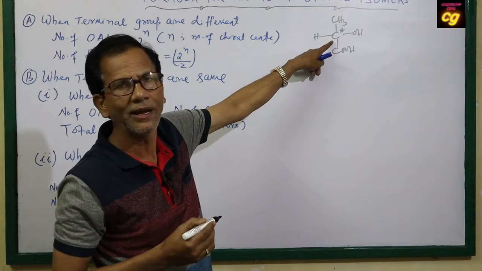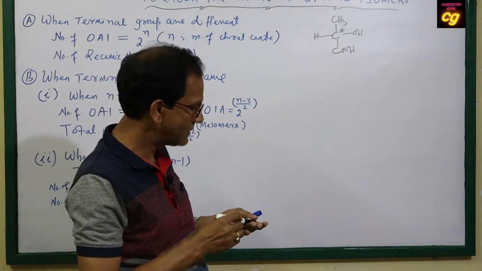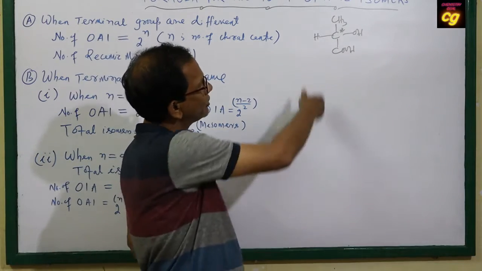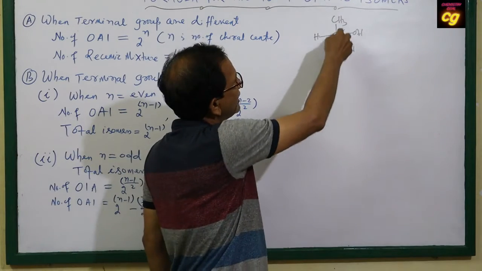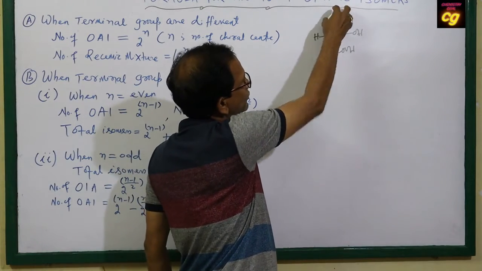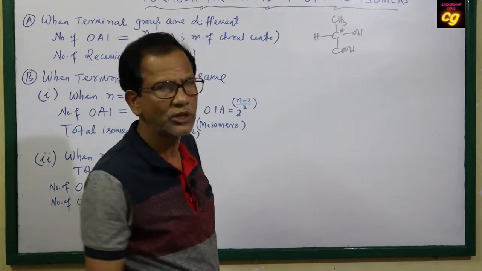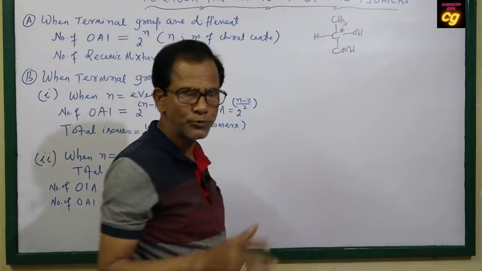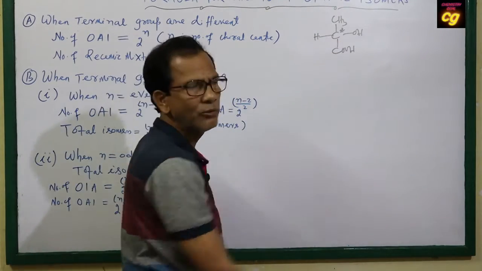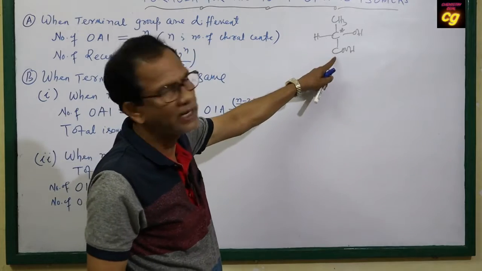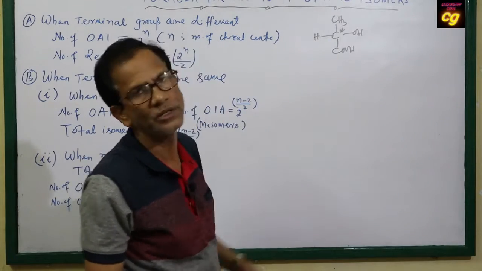That's why it is called a chiral center. In this straight chain, this is one terminal group, this is the other terminal group. Terminal groups means end groups. This is one methyl, this is your carboxylic acid. So these two groups are different.